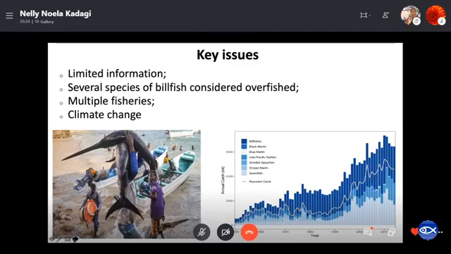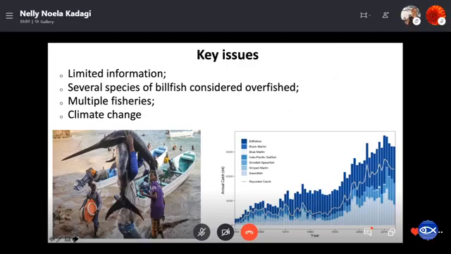When we look at the species in general, particularly for the Indian Ocean region, 3 of these species, blue, black, and striped marlin, are considered overfished. For those in the room, what I mean by overfished is when you have fish and you're expecting to catch more, but you realize that you've caught to an extent that you can't catch to that maximum number that you expected.